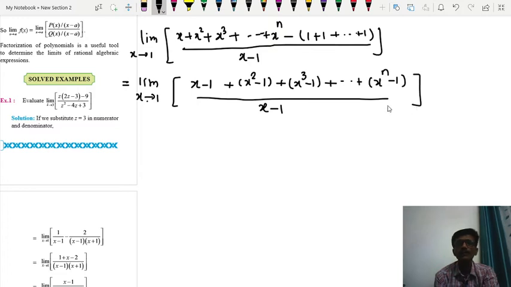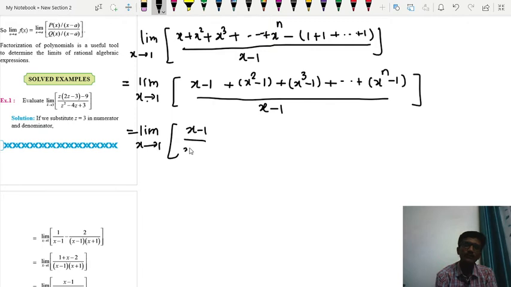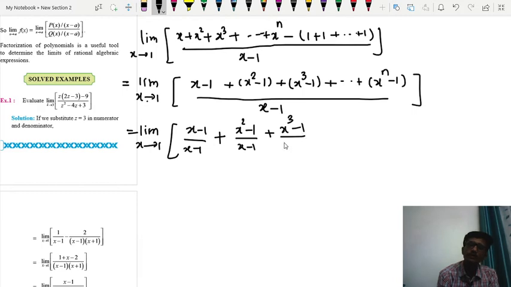Okay, so this will be equal to limit x tends to 1, (x minus 1) upon (x minus 1) plus (x square minus 1) upon (x minus 1) plus (x cube minus 1) upon (x minus 1) and so on up to (x raised to power n minus 1) upon (x minus 1).